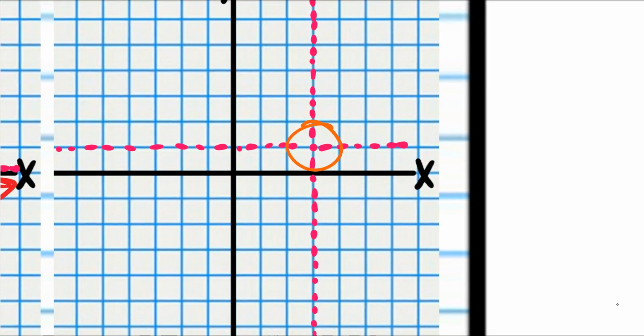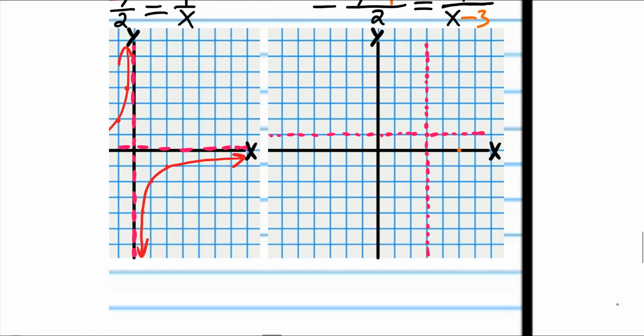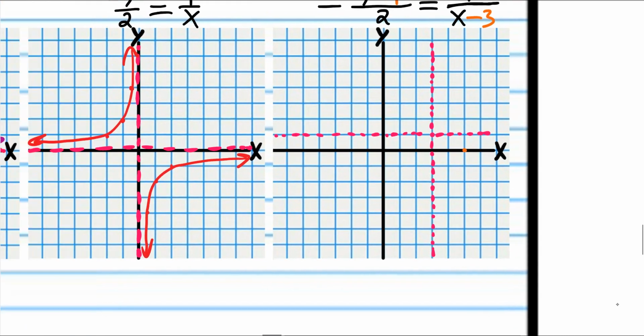Pretending that this is the origin, we can just go out 2 and then down 1. Then we have (1, -2) and (1/2, 4). Again, if you pretend that this is the origin, we can find those points pretty easily.